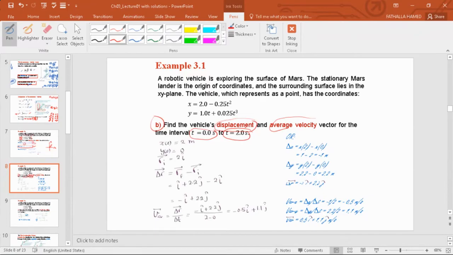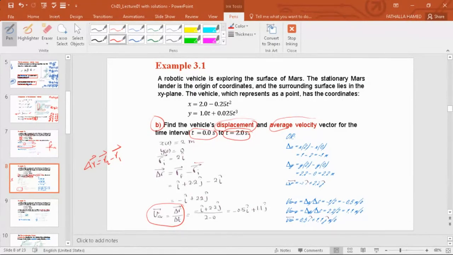Now, you know right away that our definition for average velocity equals delta R by delta T, where delta R should be equal to R2 minus R1.